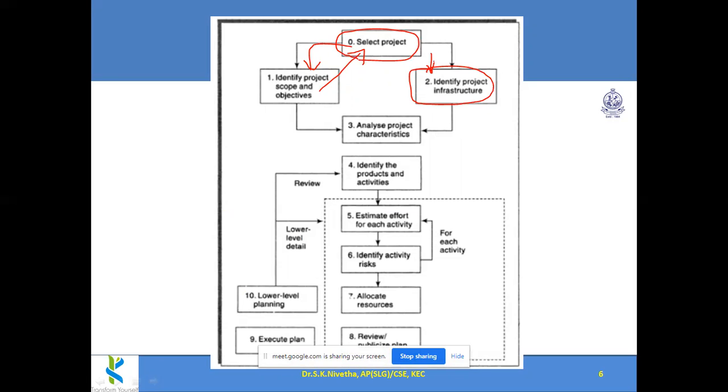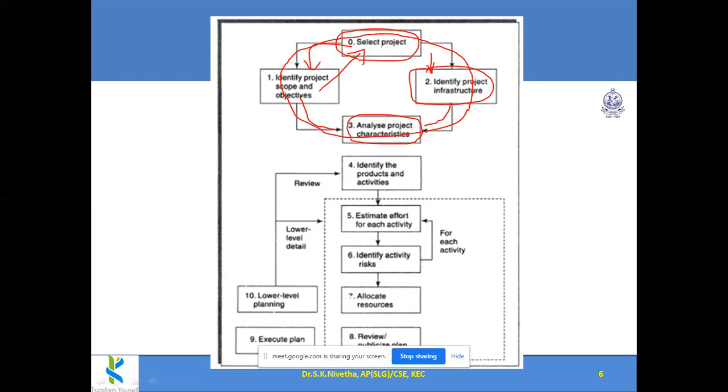A complete study they have to make and analyze the characteristics of the project. This part is to be carried out considering the scope and objective and also the available infrastructure. So all these put together are required to finalize the decision on selecting the project.